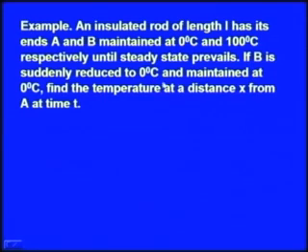When the end B is cooled to 0 degree centigrade, a fresh flow of heat takes place in the bar before it comes back to the steady state. We have to find the temperature at a distance x from the end A at time t in the intermediate stage, that is in the transient stage.